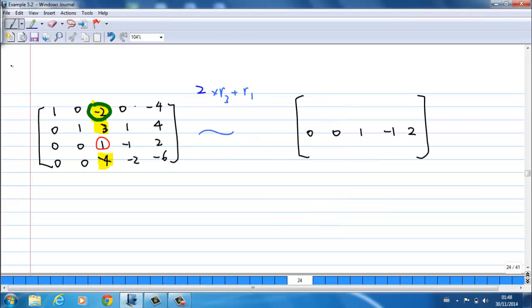In order to create a 0 in the first row, third column, we can take 2 times row 3, add it to the first row. And then the first row becomes 1, 0, 0, minus 2 plus 0 is minus 2, 4 plus minus 4 is 0.